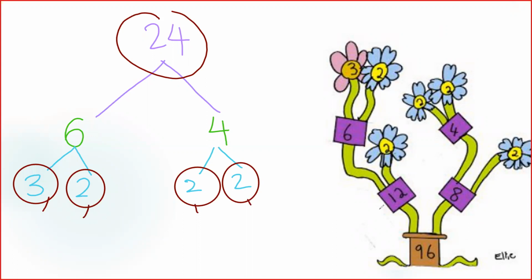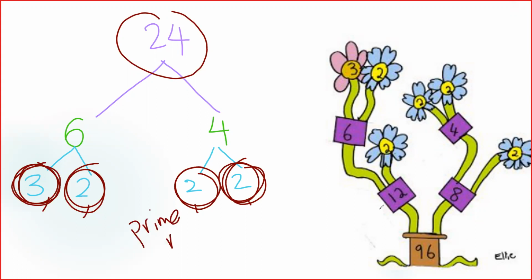When I find that the number is prime, I have to stop. This is a tree, and these are the fruits of the tree, and the fruits must be prime numbers.